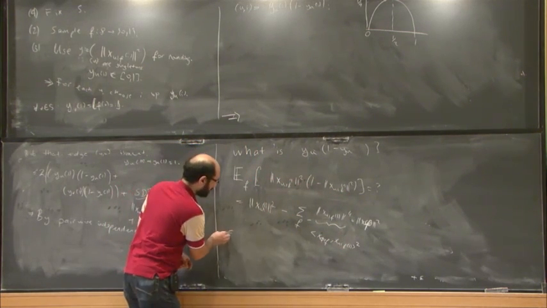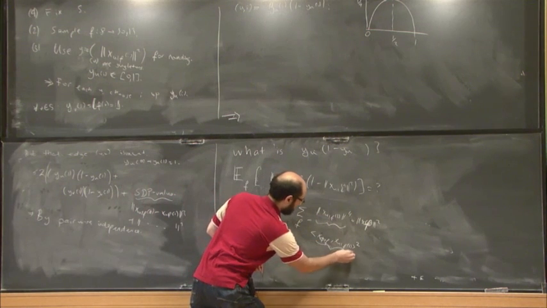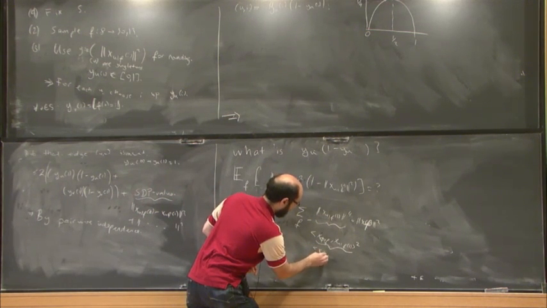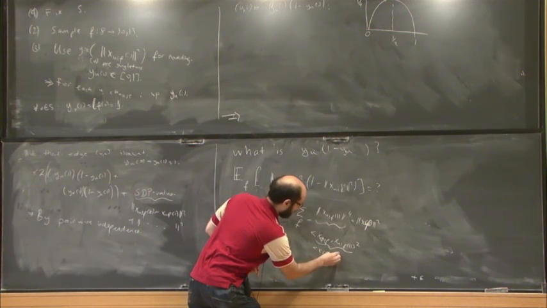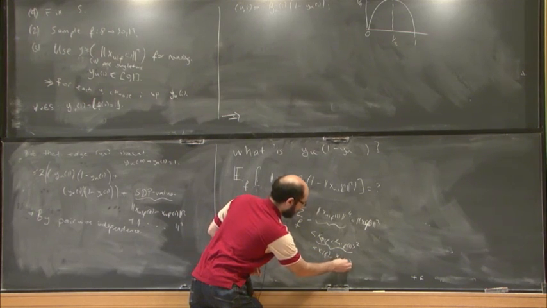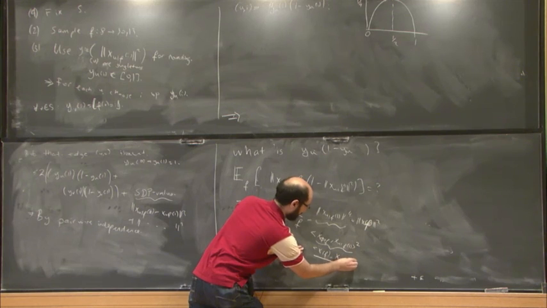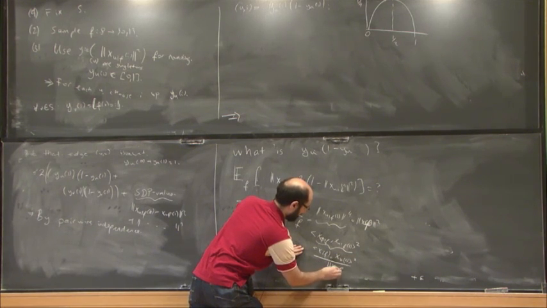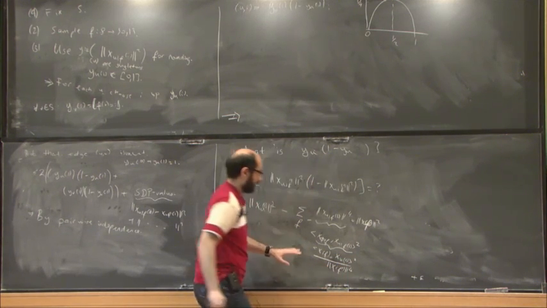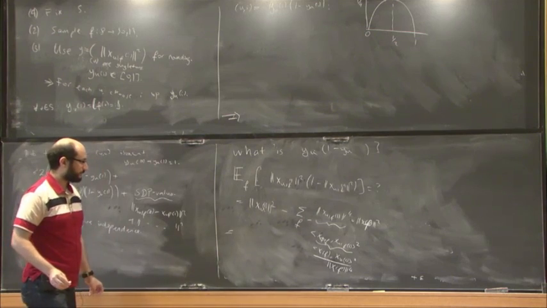And now this is equal to x of f, by just substituting everything. This is x_f to the fourth power.